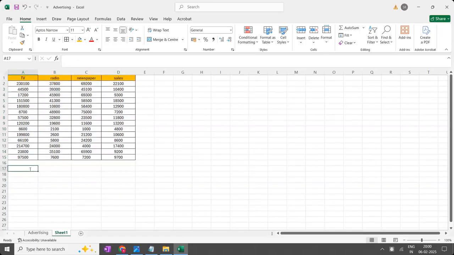For example, in the future, if I spend 1 lakh rupees on TV, 40,000 on radio and 50,000 on newspaper, what would be the expected sales? Tell me, guys, approximately by observing with your eyes, what would be the number?